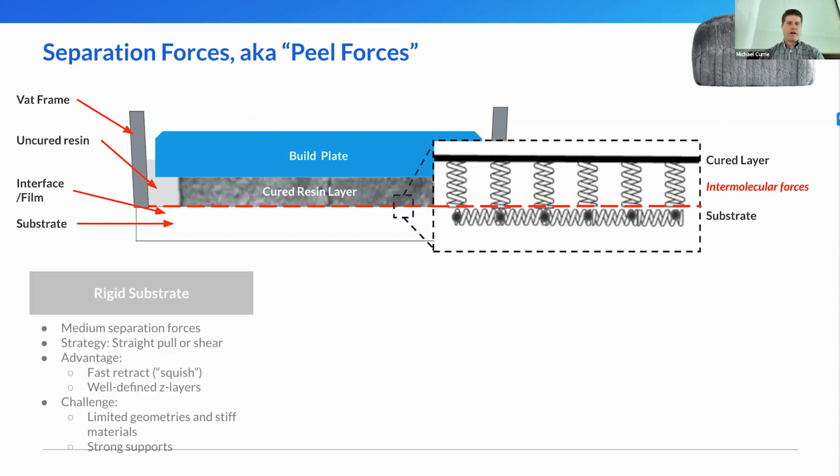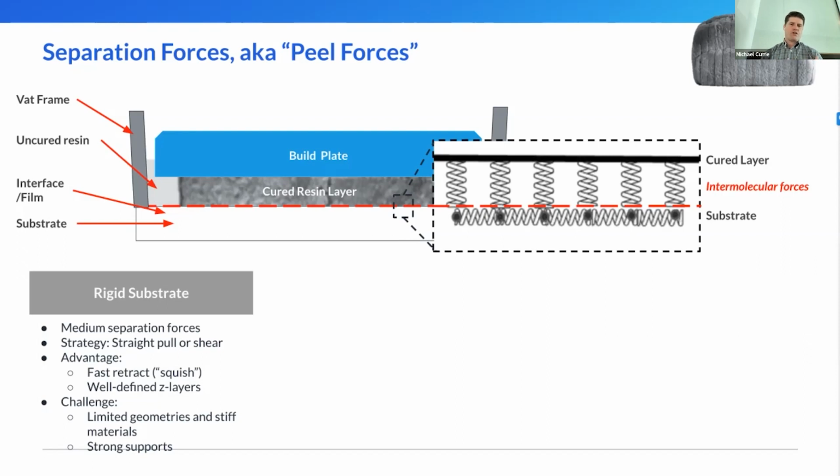So there's a few different ways to do that. One idea is having a rigid substrate, where you have a rigid substrate and then an interface layer on top of that. Here, you have 2 options. You have to either break all those bonds all at once, and that takes a lot of force. Imagine trying to pick your hand up off of a piece of duct tape that you've stuck it to, it's very difficult.